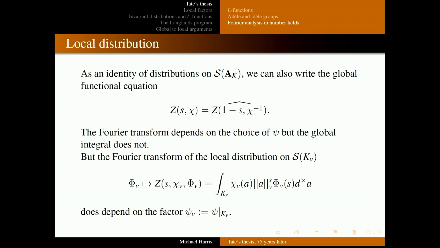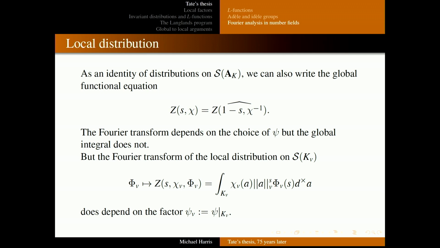So the integral on this slide is a local factor of the integral in the previous slide, and the global integral is the product, again, for sufficiently large real part of s, of the local integrals, and the distribution is the product of the local distributions. And the local distribution does depend on the local factor of the additive character.